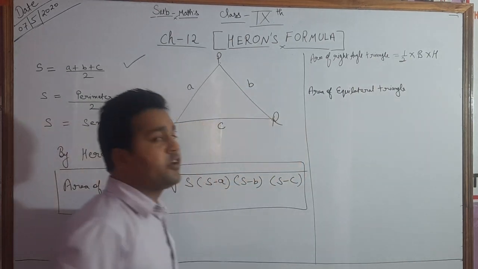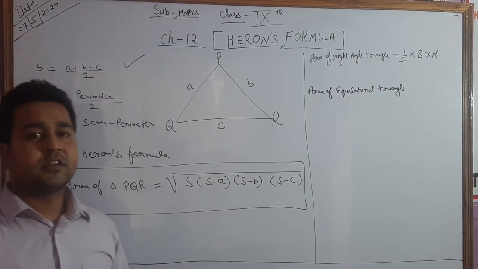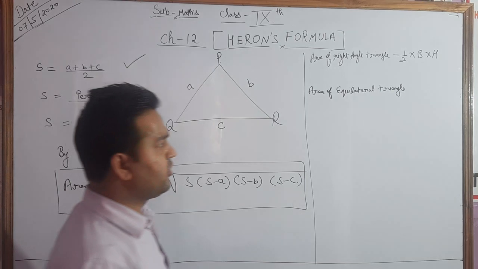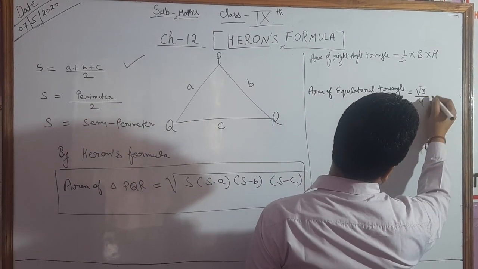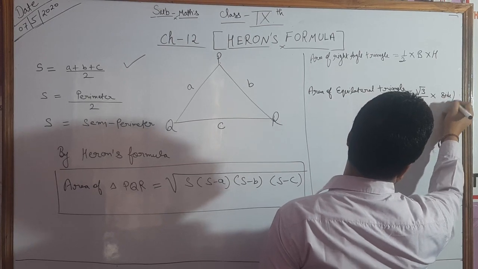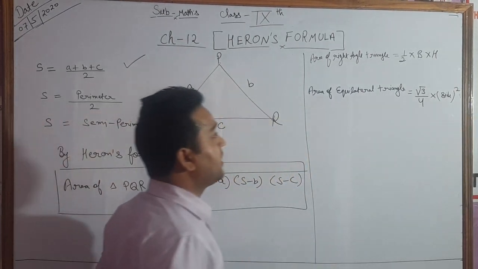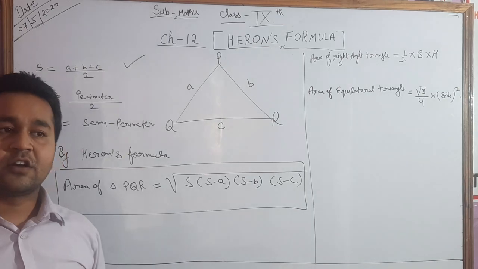What is the area of an equilateral triangle? All of you know na, equilateral triangle. The triangle in which all sides are equal is known as an equilateral triangle. So what is the area? Under root 3 by 4 into side square. It is the area for an equilateral triangle.